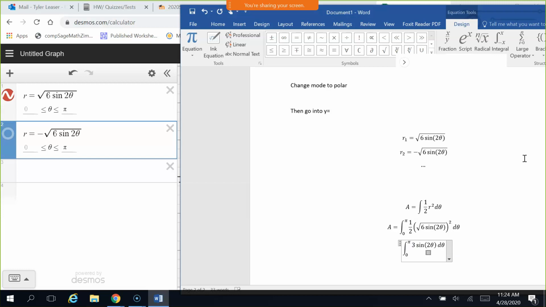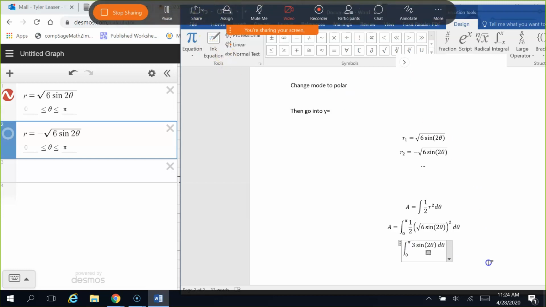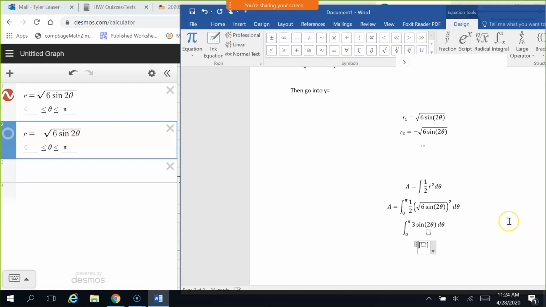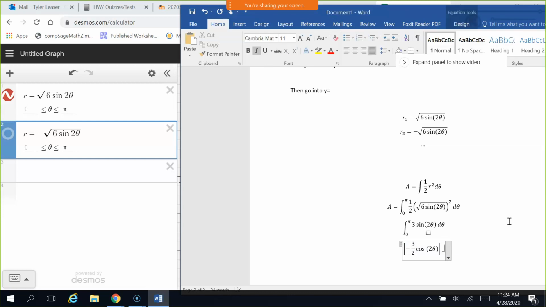That we should be able to find the antiderivative for without too many issues, because you're going to bring a 1/2 out, and the antiderivative of sine is, I think, negative cosine. Then we're evaluating this from 0 to pi.